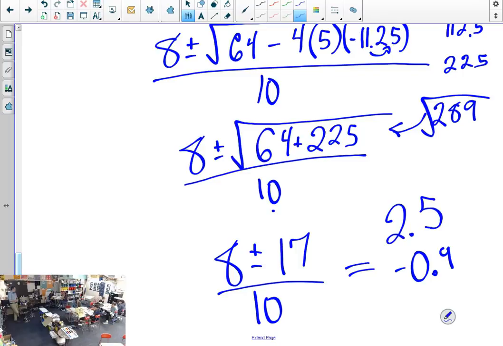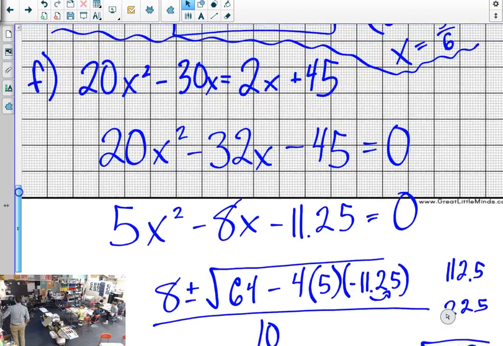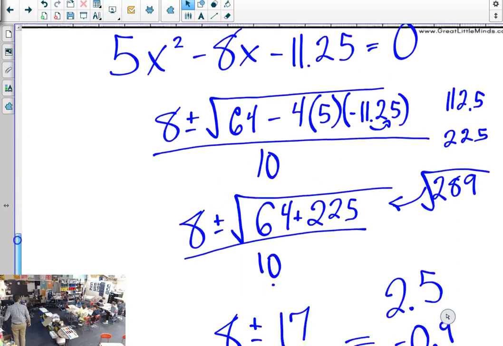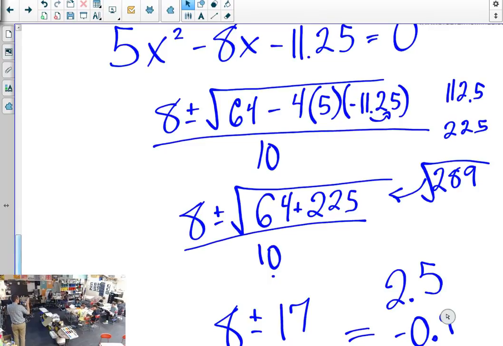Probably would have taken me almost as long to type it all in your calculator when the values are easier, or when we can make them easier. Because notice, that's not what we started with. We had to divide by 4 to get there. Remember, that just affects the steepness of my parabola, not where the zeros are. So the zeros aren't affected by us momentarily taking a less steep version of the same parabola. Well, not same problem, but same zeros.